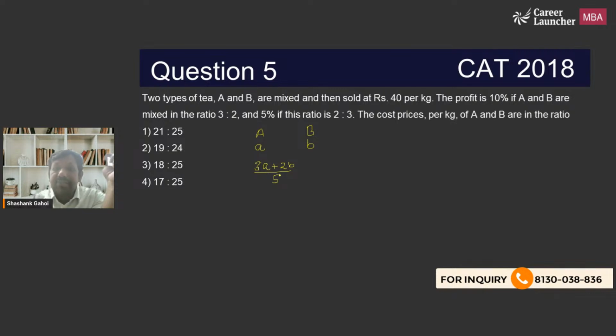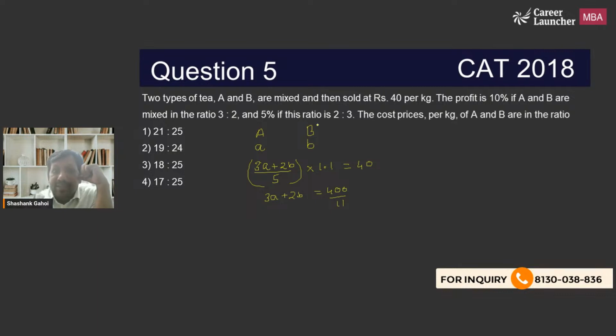So that is the price per kg, right? Now the profit is 10%, so into 1.1, that is equal to the selling price, that is equal to 40 rupees. So I can say that 3A plus 2B is equal to 400 divided by 11. That is my first case.